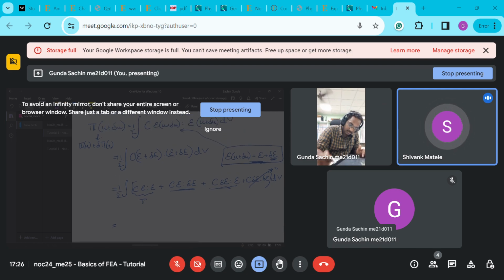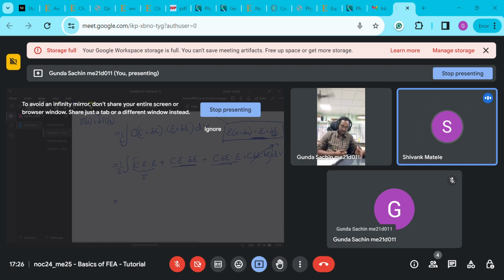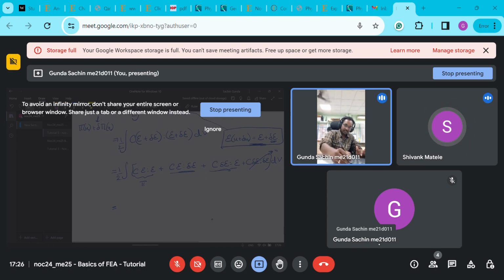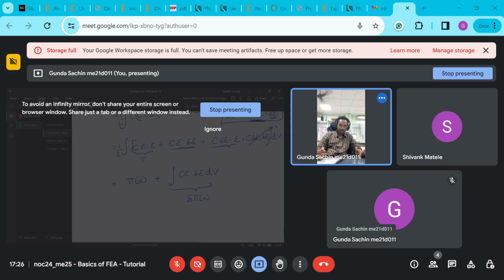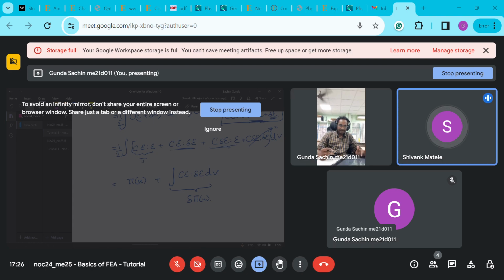It's just a variation in u causes this much variation in epsilon. So we put it like this, and then we change it a little bit. The last term goes to 0 because it's very small, and the first term becomes pi of u, and the second term is 2 times half, which becomes c epsilon times delta epsilon dv. So we are saying this is my delta pi.